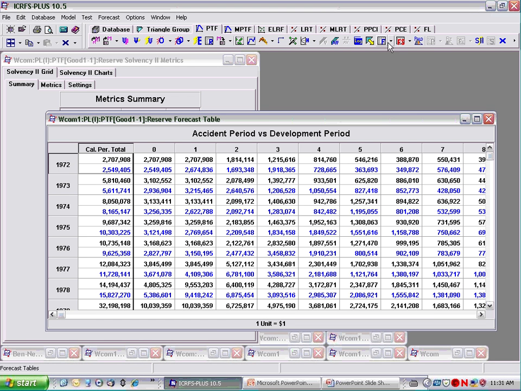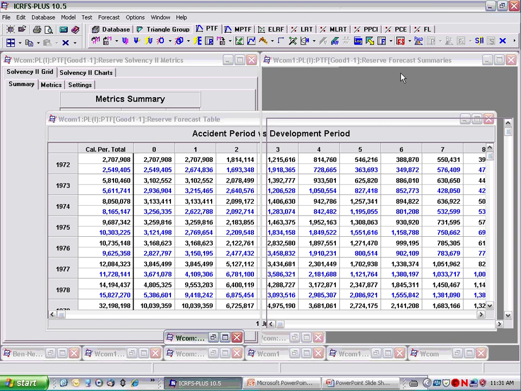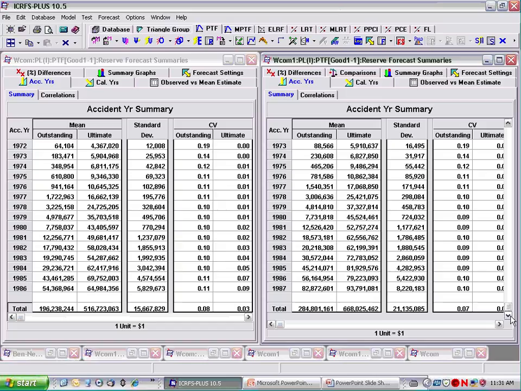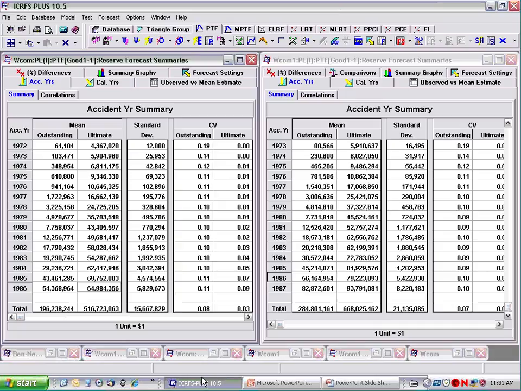So if I compare the two forecast summaries, all the prior year ultimates will actually go up. Let's see now what happens. If you look at the ultimate for 86 at 79, that's not very consistent with 86 of 64.